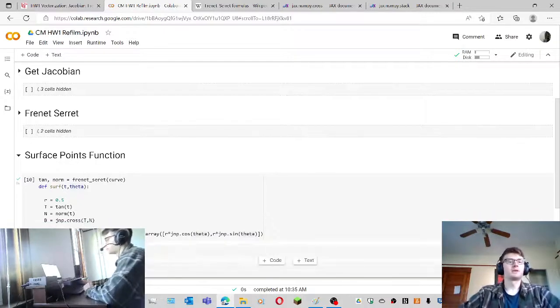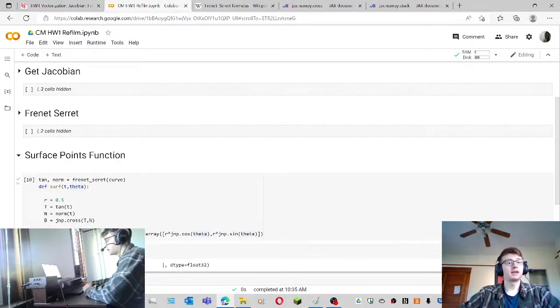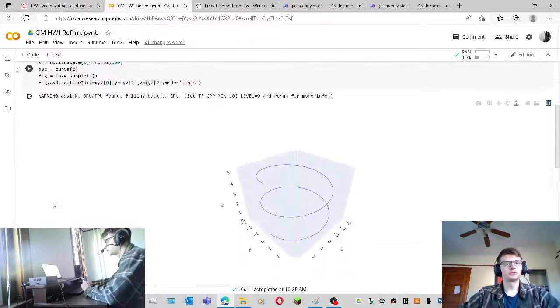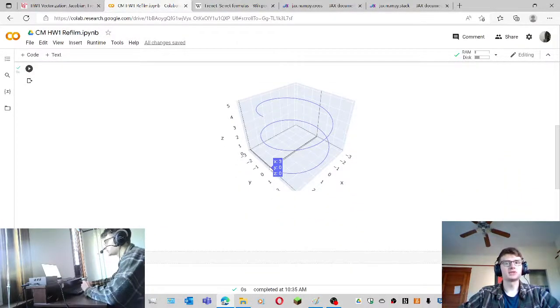So if I go ahead and run that, I will get an array. And this array doesn't quite make sense if you really think about it, because look at this. If I go back up here, this is the curve, right? So when t equals 0, this is the point on the curve. I want a point at theta equals 0, so it should be somewhere out here, kind of where my cursor is right now.